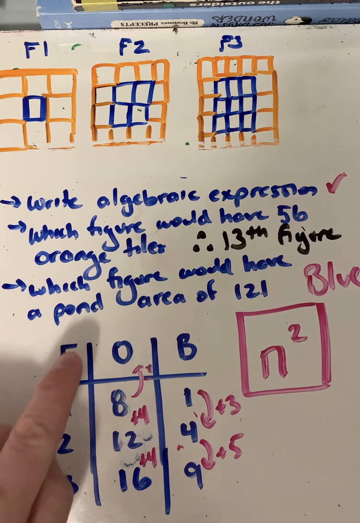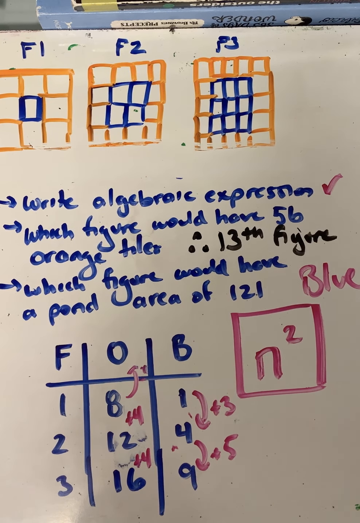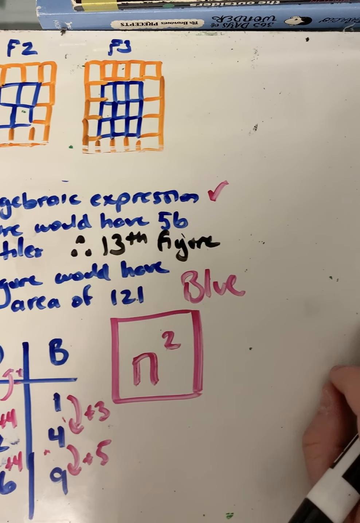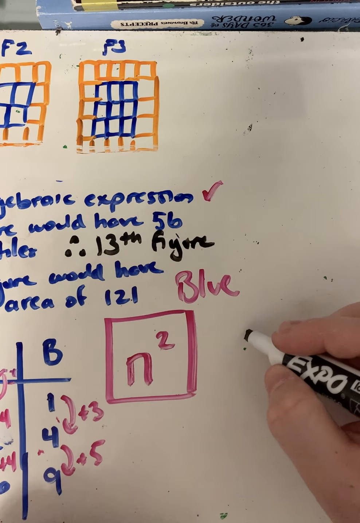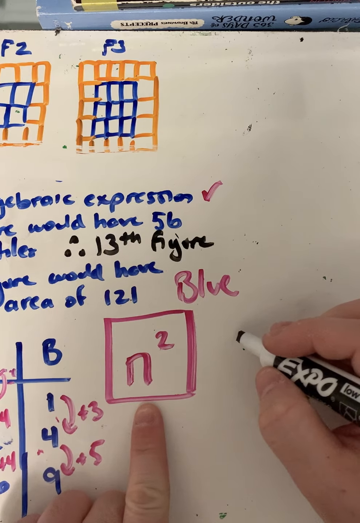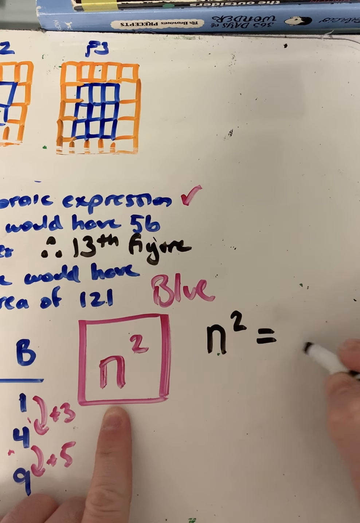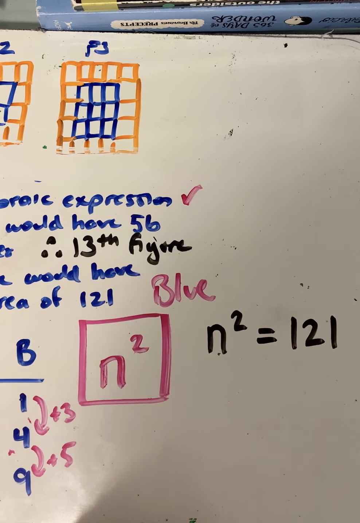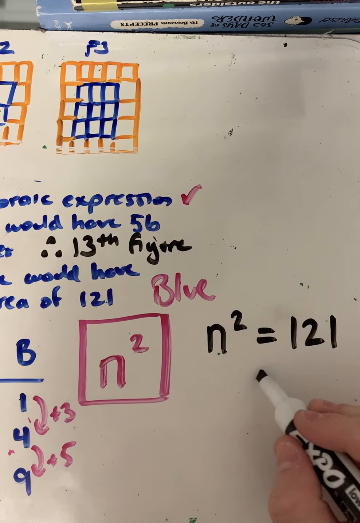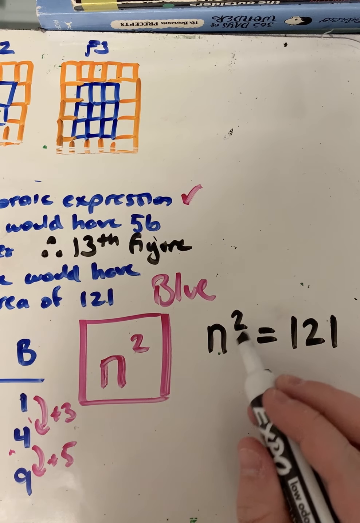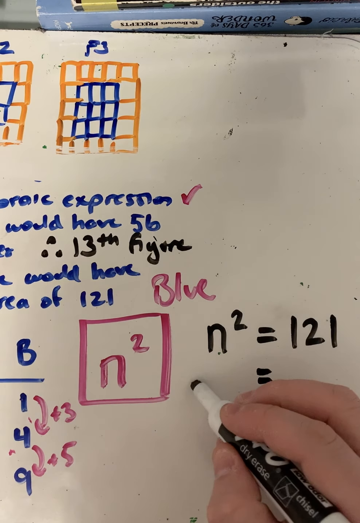The next question asks, which figure would have a pond area of 121? So again, we know that the blue algebraic expression is n squared, and we know that the answer is 121, so we can work this out. How do we get rid of a square? Well, we square root it.